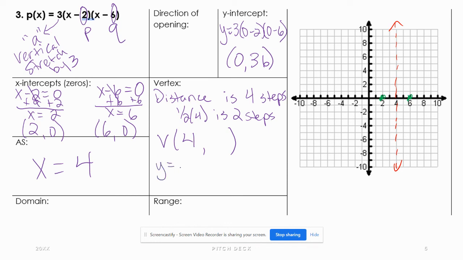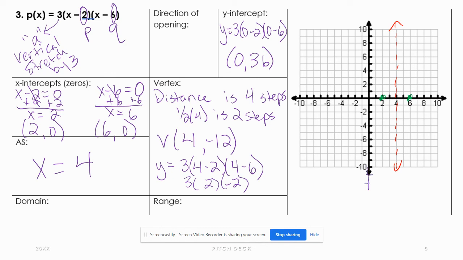Finding the y value, remember we plug 4 in for x in both spots. So we have 3 times 2 times negative 2, which is negative 12.